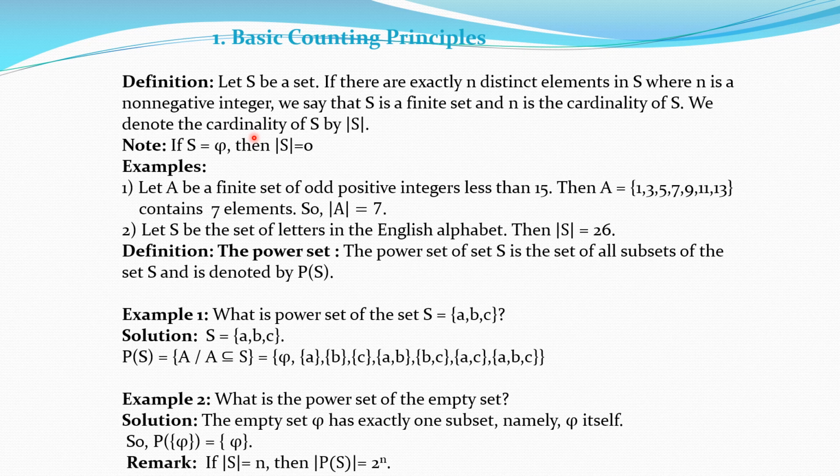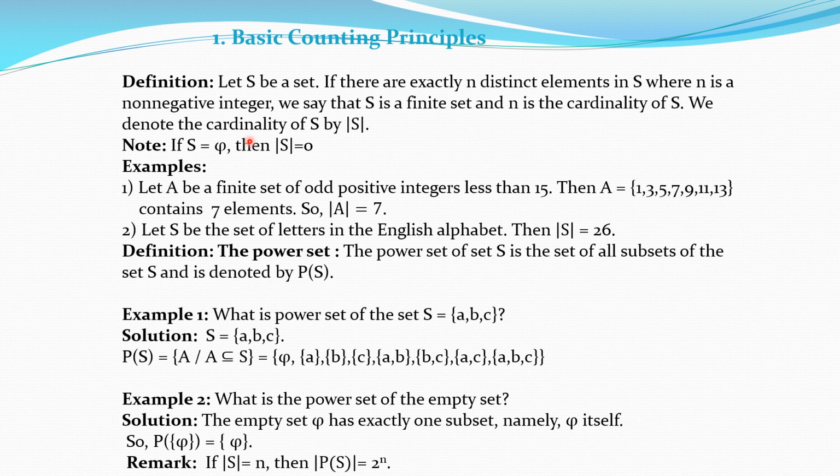So if you consider any set S which contains exactly n distinct elements, means no two elements in S are same, all are different, where n is any non-negative integer, means n is either 0 or positive, then in that case we say that S is a finite set and n is the cardinality of set S.